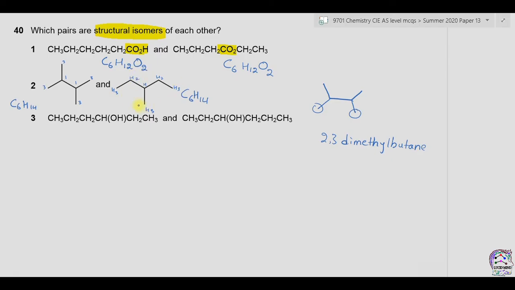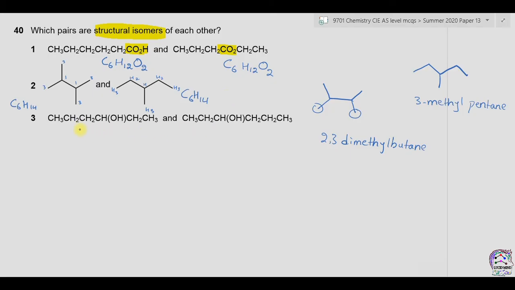For this structure we can say 3 methyl pentane. So the molecular formula for both is same while the structure is different, so therefore they are also structural isomers.